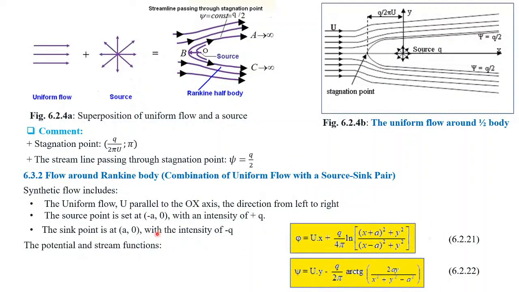Now we come to another kind of superposition flow: flow around the Rankine body. That means the combination of uniform flow and a source and sink pair.